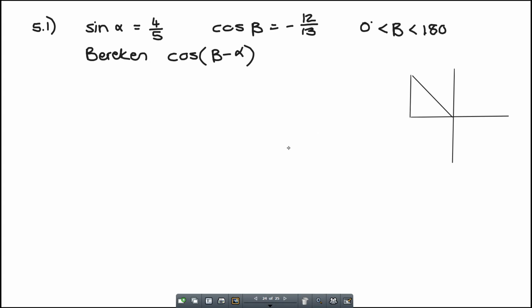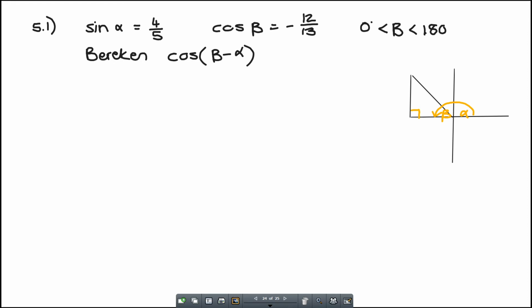Okay, so eintlik, luister gou, is alpha daai klein stukkie daar, en beta is mos nou dit. Is julle reg? Beta is daai hoekie daar. Alright.